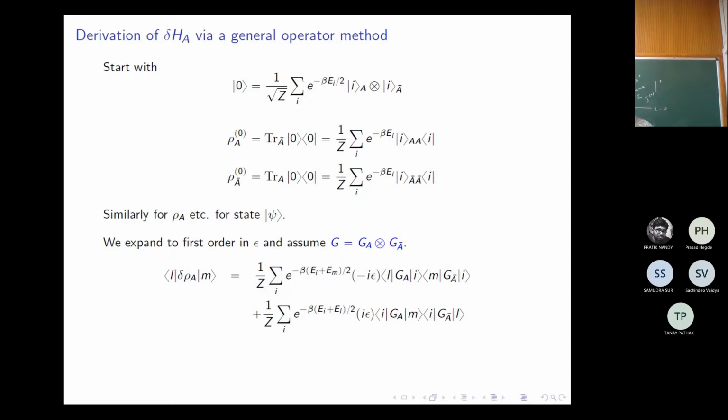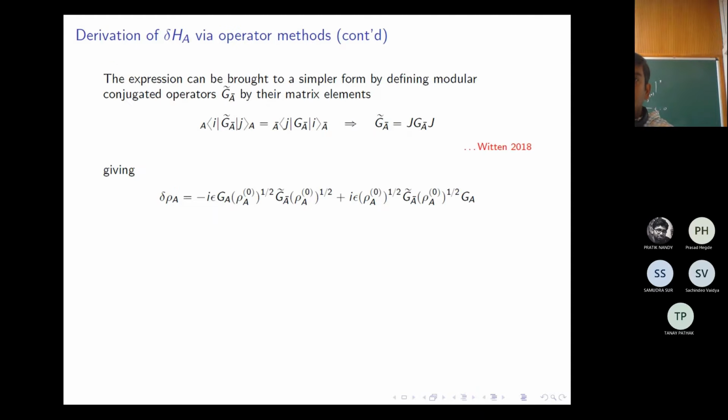So I will be very fast here because of some technicalities. You can now calculate delta rho A, because this perturbation G is what will give rise to this psi, and then you can calculate delta rho A corresponding to the state psi. It readily generalizes to some rules.